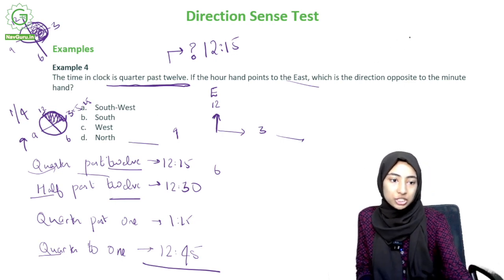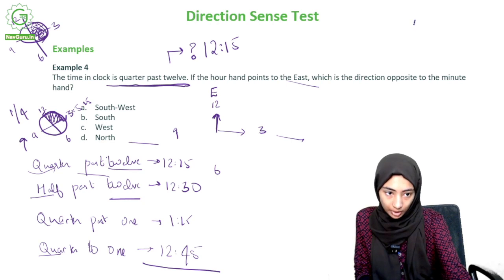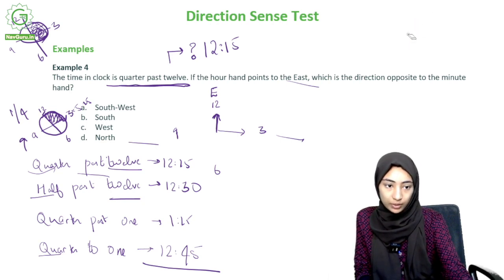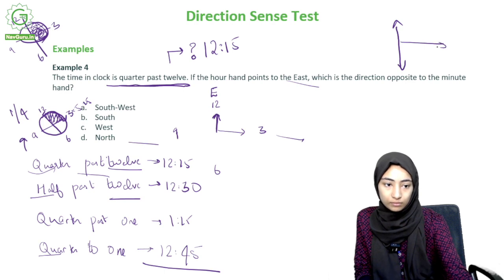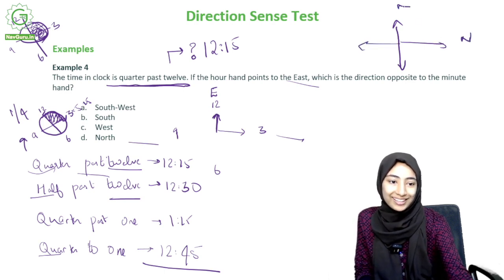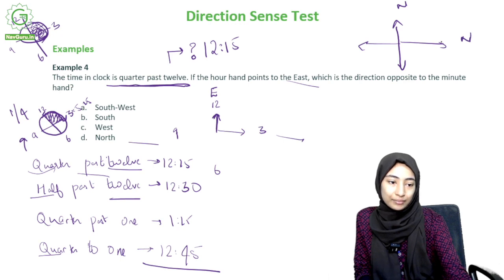So basically just try drawing the directions first, okay? Just draw it somewhere else. North, south, east, west.